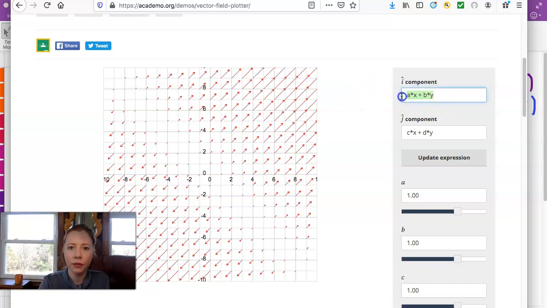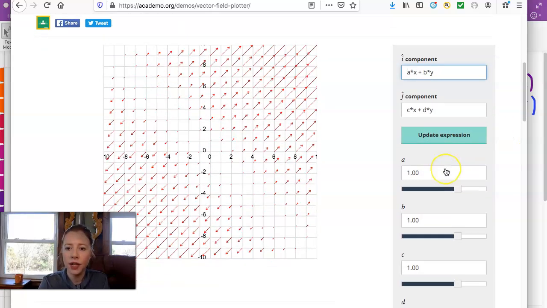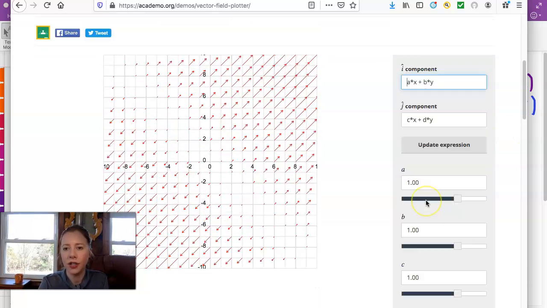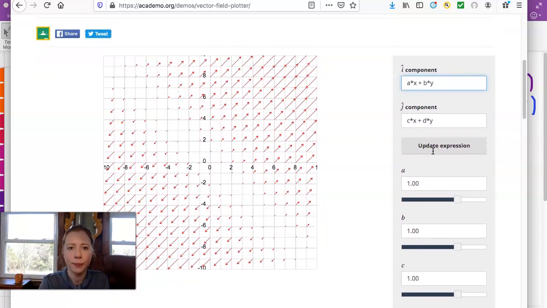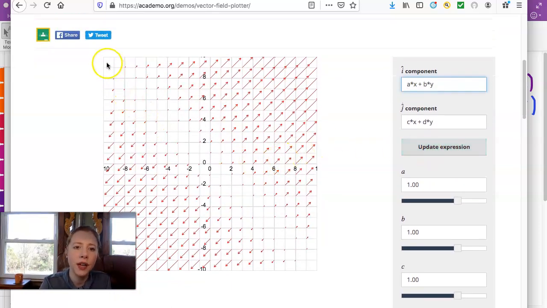And right here, what we're looking at is x plus y for the i hat component and x plus y for the j hat component. And these coefficients, C and D, are just 1.